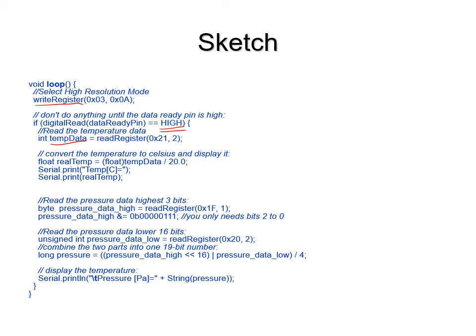Then you make the conversion of the data to Celsius degrees. The output panel is our serial monitor, therefore we are using the Serial object. By default, the Serial object can be automatically used in the Arduino IDE, therefore you do not need to include a serial header in your program.